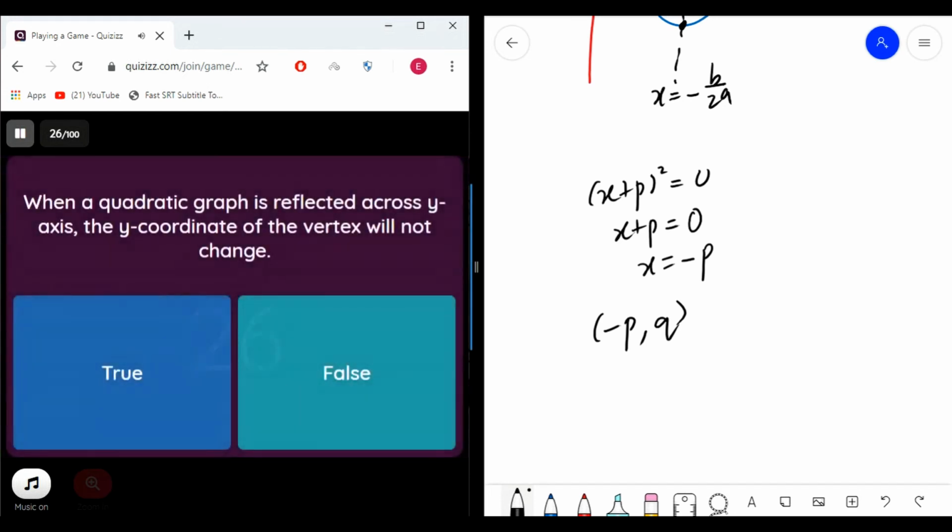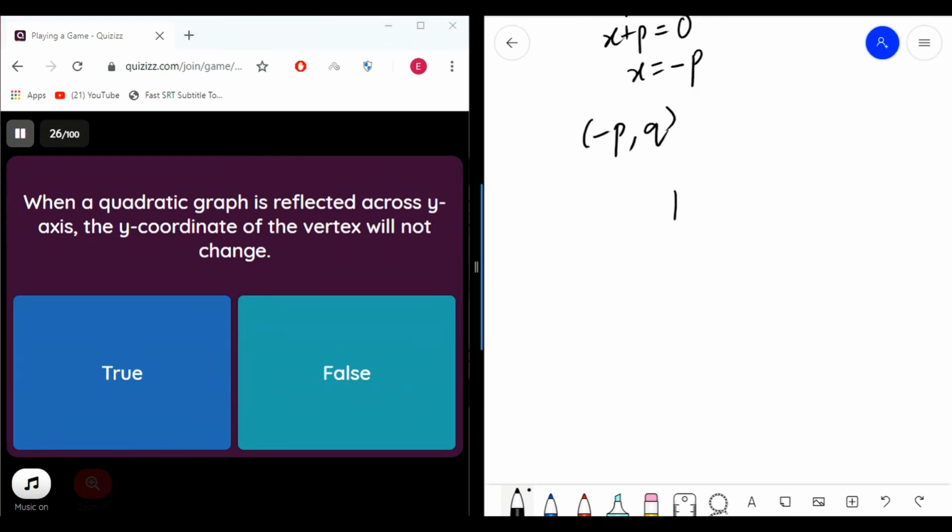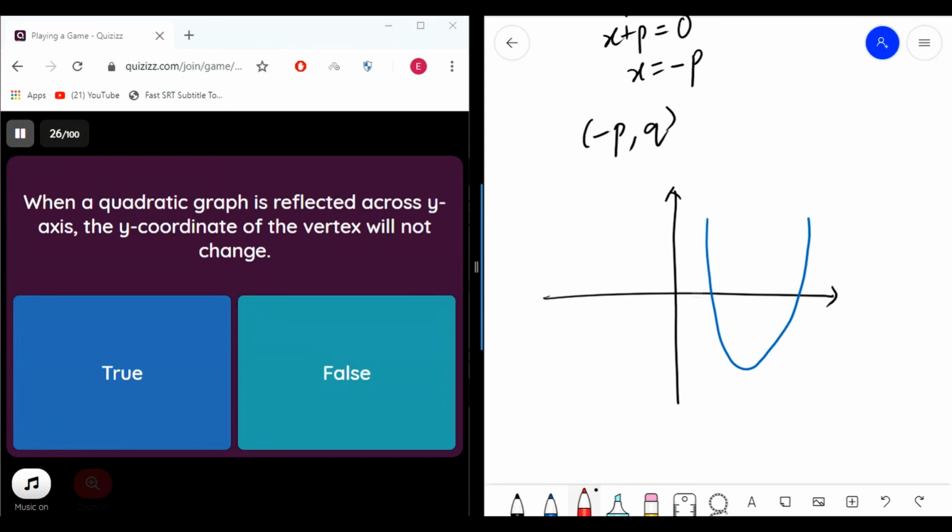Number 36. When the quadratic graph is reflected across the y-axis, the y-coordinate of the vertex will not change. Let's say this time I use a smiling curve where a is greater than 0. When we reflect across the y-axis, the graph should be somewhere here.